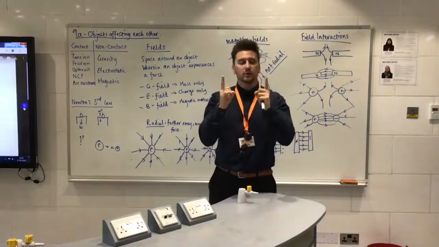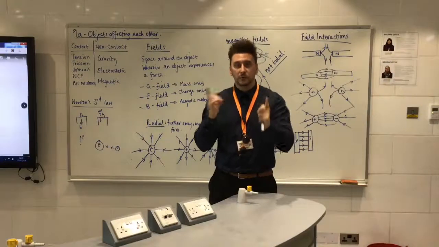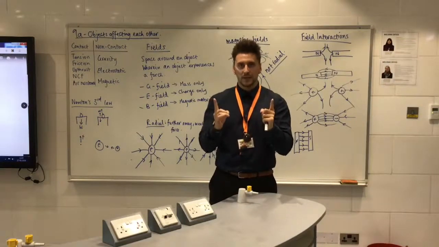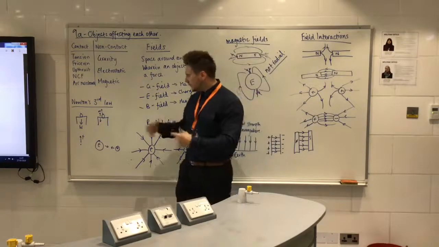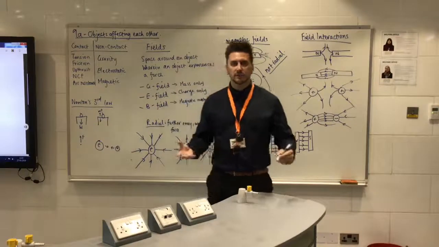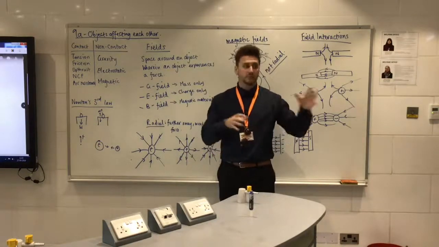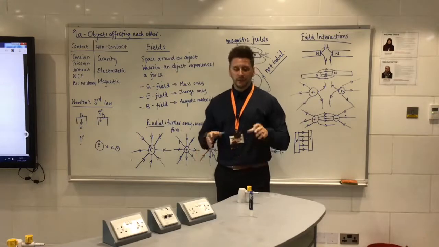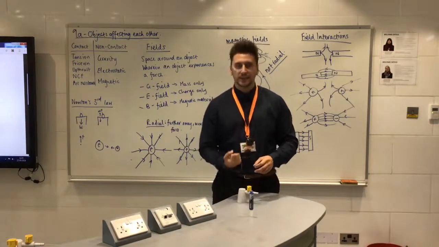So in Newton's third law, the two objects that apply equal and opposite forces have to be between the same two objects. You can't have a third object, for example, coming into play. So the most complicated situation for Newton's third is if you have an object on a table, or any object resting on a surface. Now the reason the object is resting on the surface is because the Earth is pulling that object down.